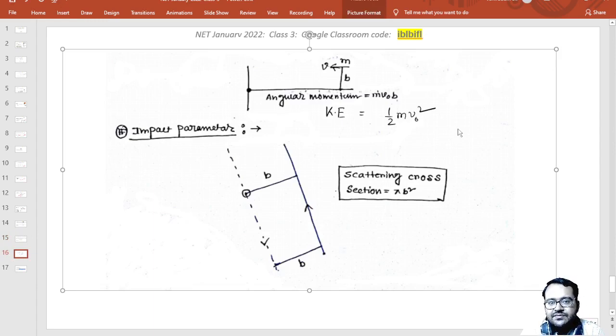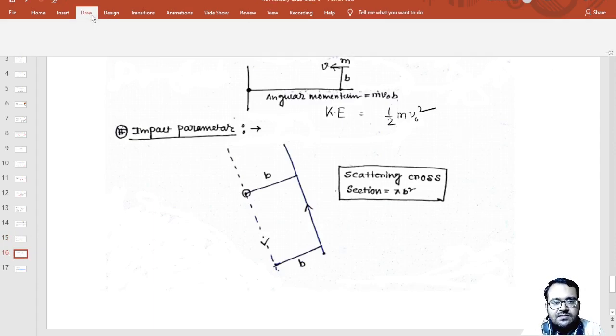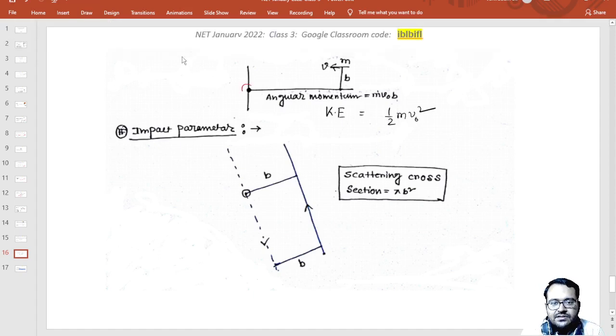If this is the origin, and the particle is coming from above, at height b from this straight line.